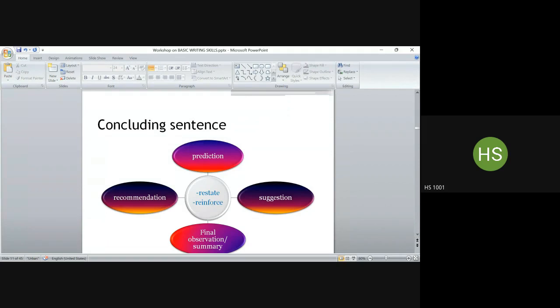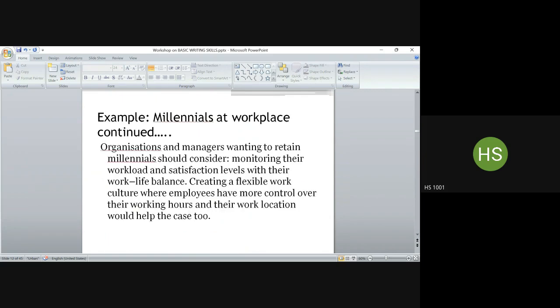By journals, I don't mean scientific journals. The other ones, or say blogs, etc., if you read some of them. Final observation kind of concluding sentences are very common to opinion paragraphs. Even summary statements, suggestions, recommendations, predictions, they will have their own domains of existence. So a concluding sentence can be one of these four kinds that you see here: a prediction, recommendation, suggestion, or summary statement and the final observation.